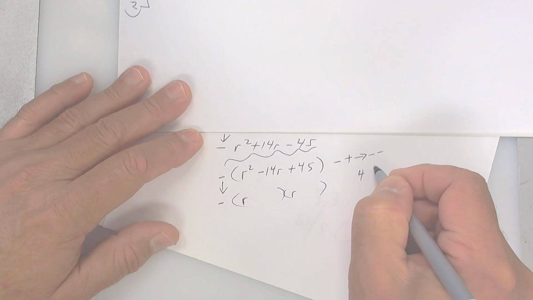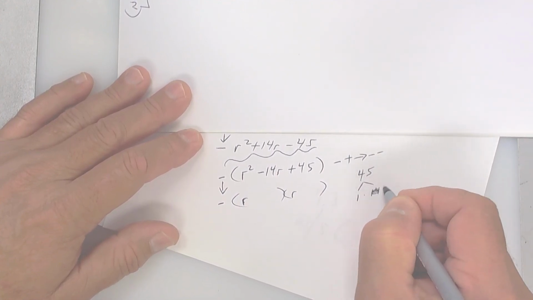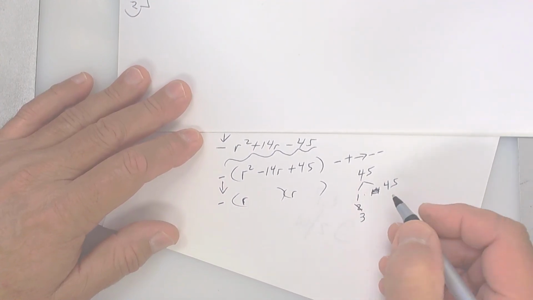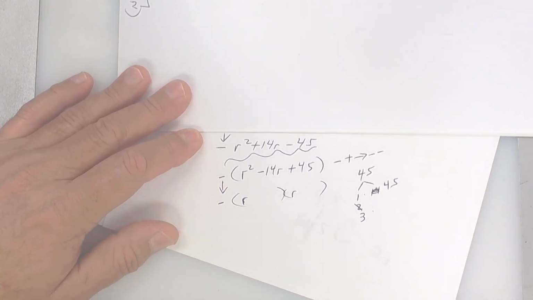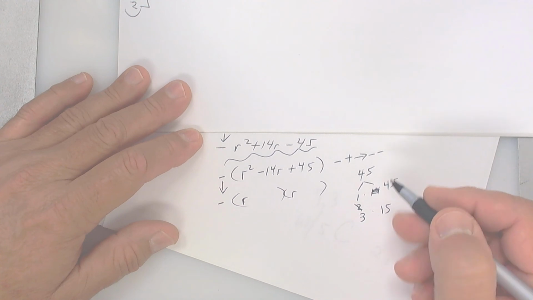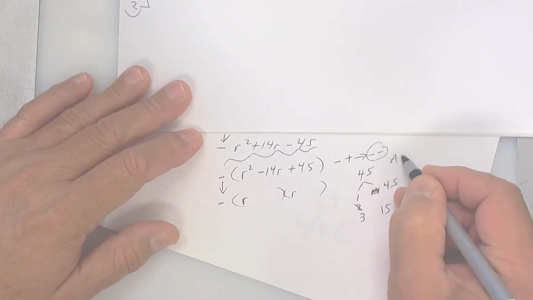So take 45, and let's start breaking it up. 1 times 45. 2 doesn't work. 3, I think, does work. So I think it's 15. And it is. So we're trying to get 14, so that's not going to work. Remember, we're adding.